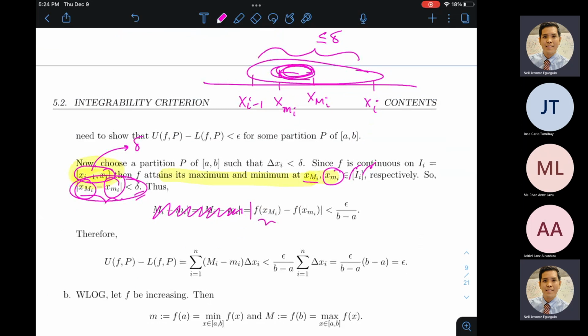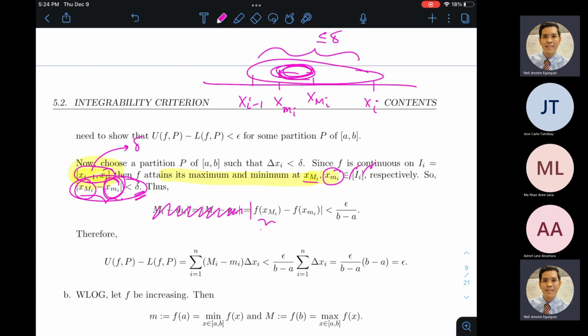We already knew that x sub capital Mi and x sub little mi are between delta units apart from each other or less. Ibig sabihin yung function values nila dapat mas maliit kay epsilon over b minus a. Ginamit ko yung nandun sa uniform continuity. All right? And then let's see what happened next.